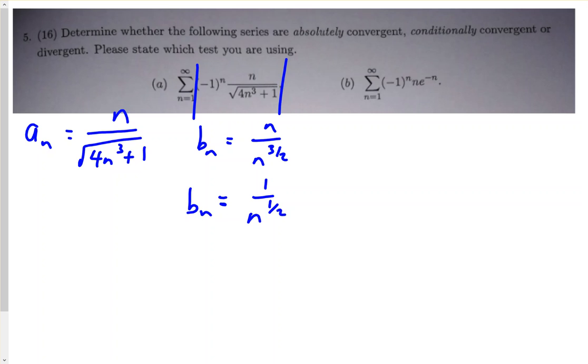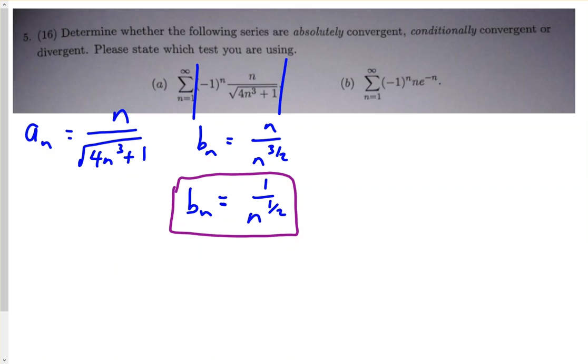Now that's important because we know that 1 over n to the 1/2, by a p-series with p equaling 1/2, is less than 1. So this is a divergent series. So that's important to note. Okay, that'll come in handy later on.